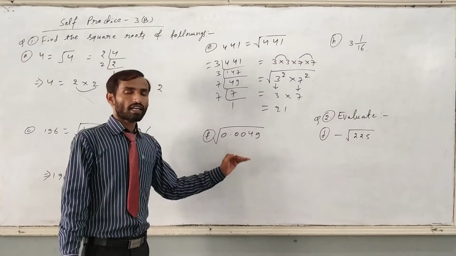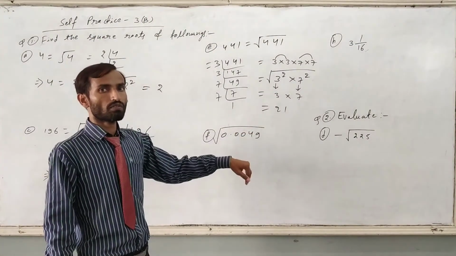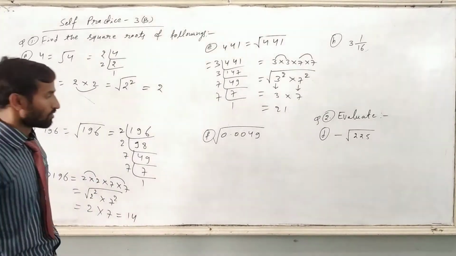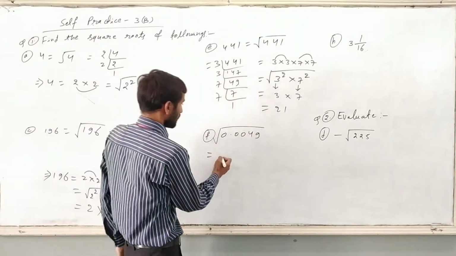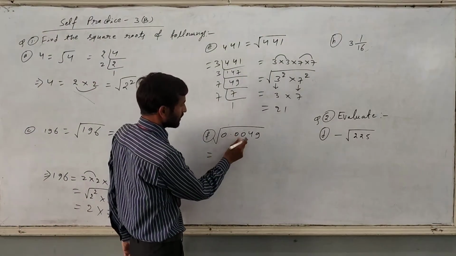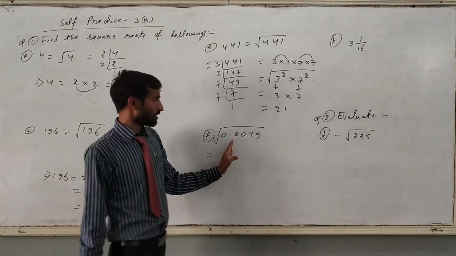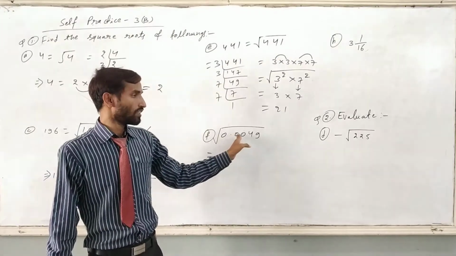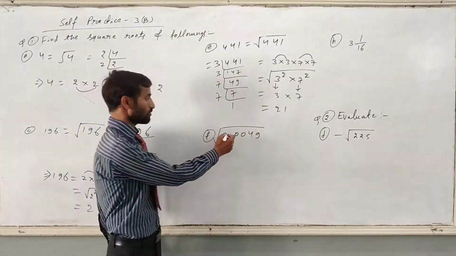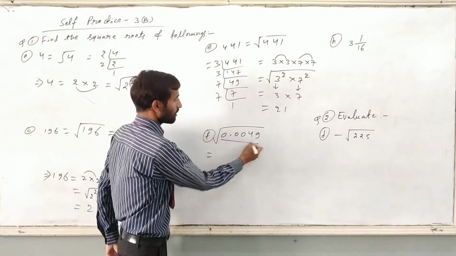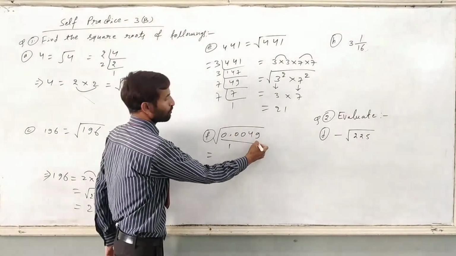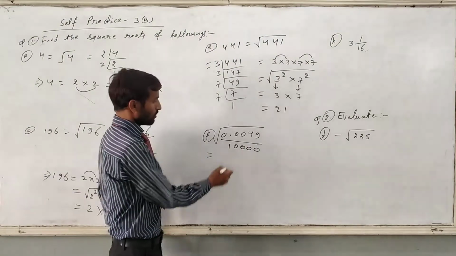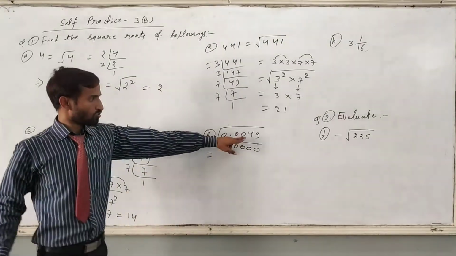Then you have to factorize the numerator separately and the denominator separately, and then again make pairs and take them outside. After that, just see here how many decimal places there are. Here there are 4 decimal digits after the decimal point. So just remove this point, 1 will come, and after the point there are 4 digits, so you have to put 4 zeros.